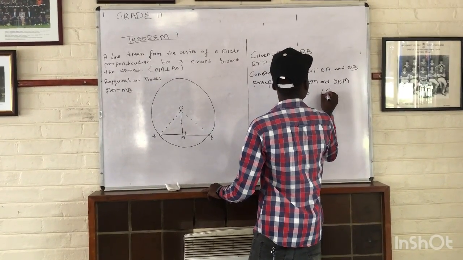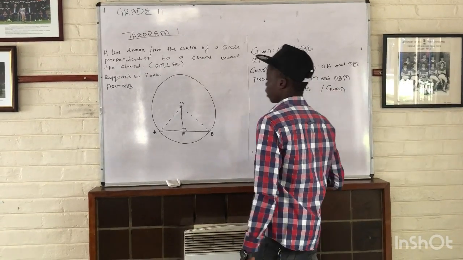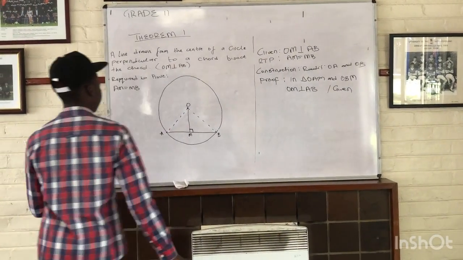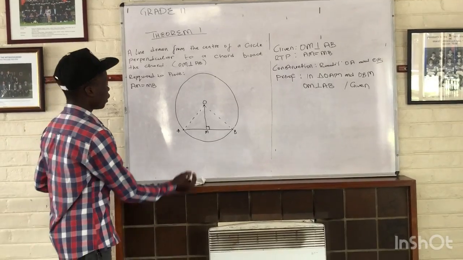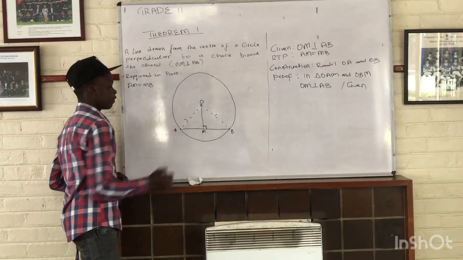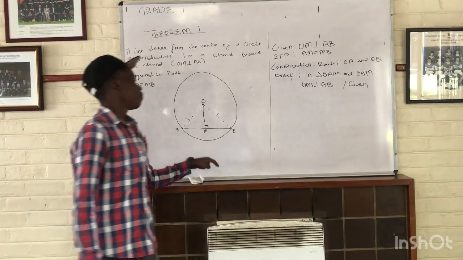Reason: given. And when we go to the next thing, we know that radii are equal. It means OA equals OB.